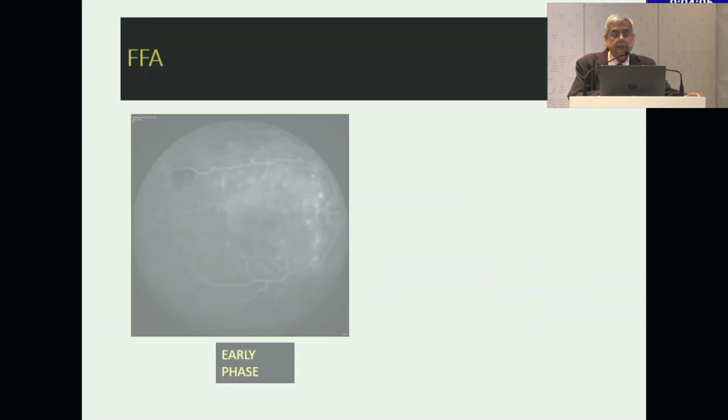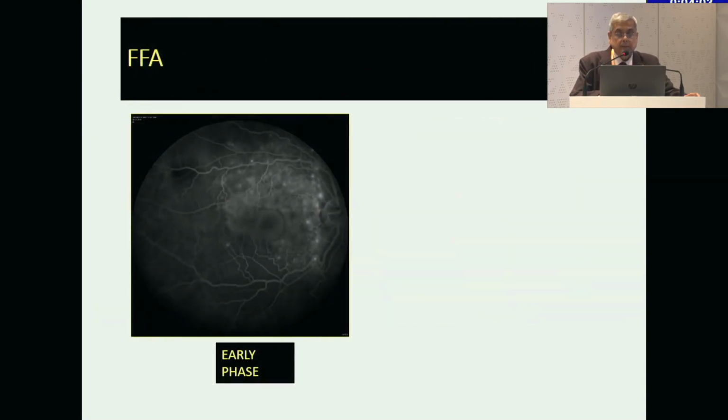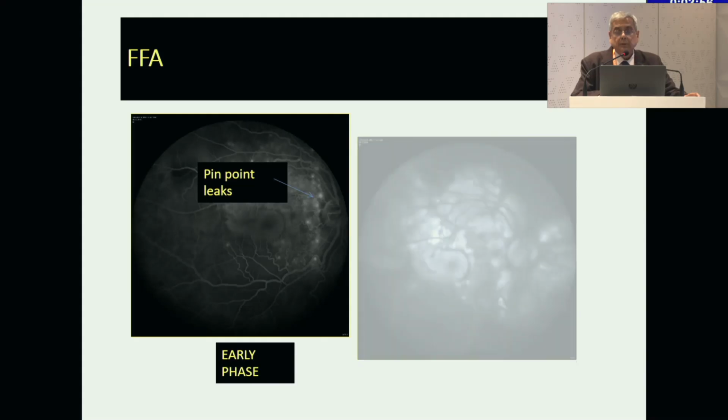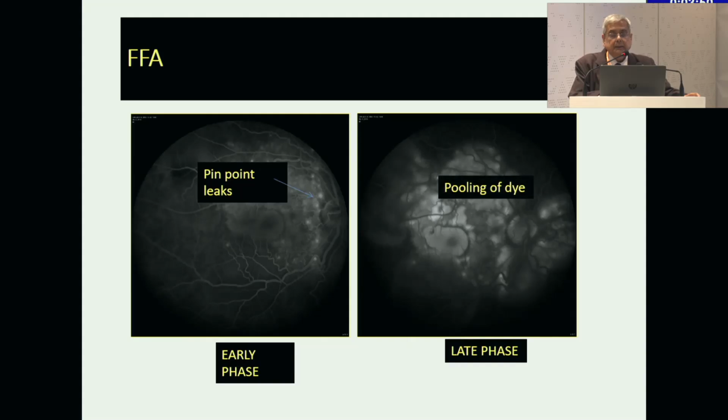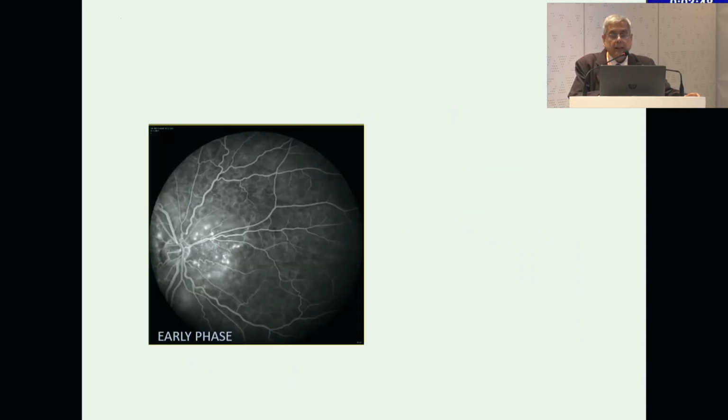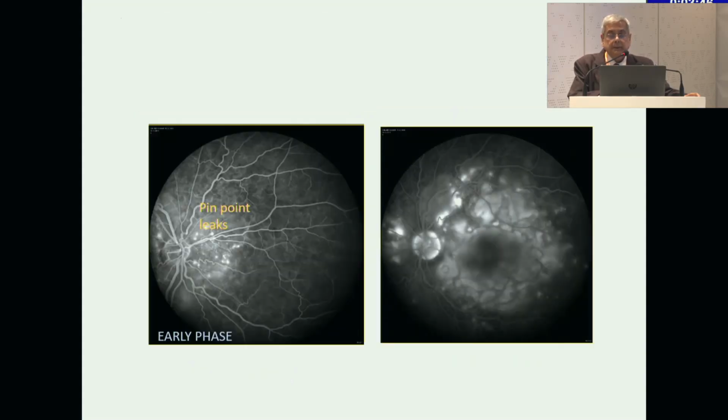But fundus fluorescein angiogram will support the diagnosis, with a pinpoint starry sky pattern of the fundus, high pinpoint leak, and late phase pooling of the dye in the subretinal space. This can be seen bilaterally; the other eye also has an almost similar picture.